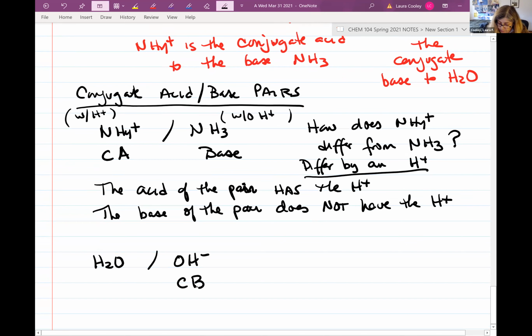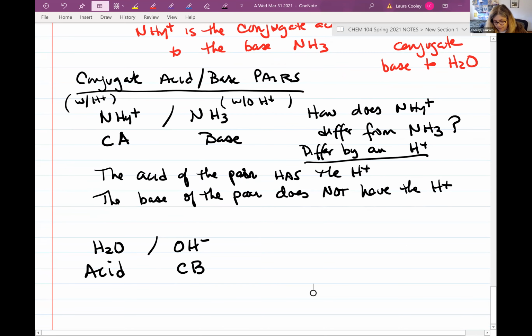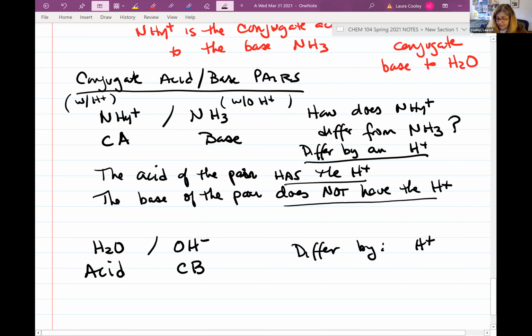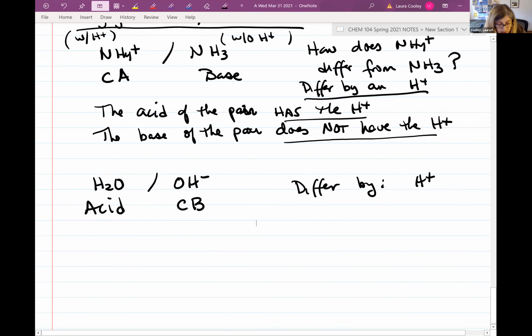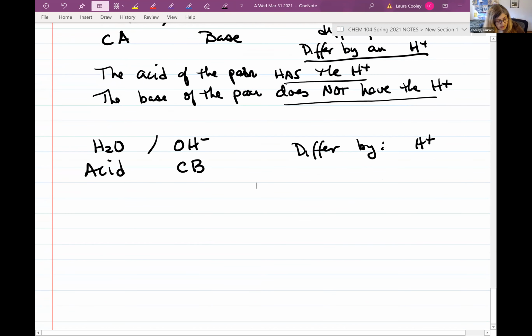Hydroxide is the conjugate base of water when water is acting as an acid. So what do they differ by? An H+. The base does not have the H+. The acid, water, acting as an acid, has the H+. They differ by an H+. So you always see that with conjugate acid-base pairs.